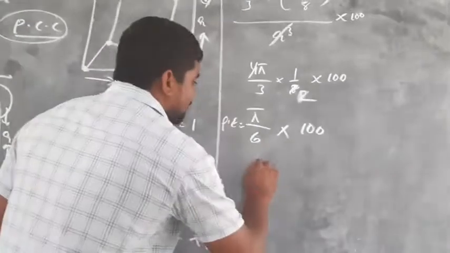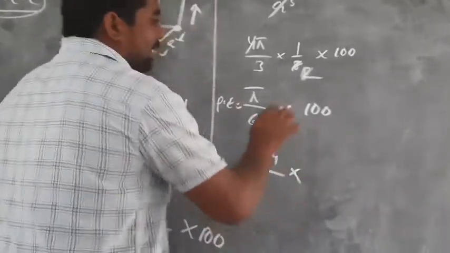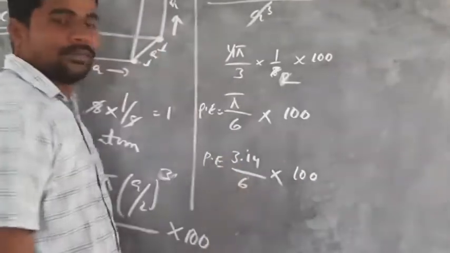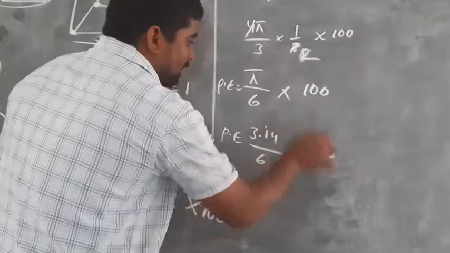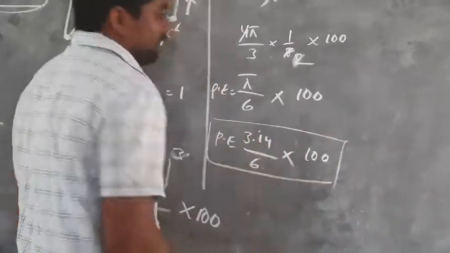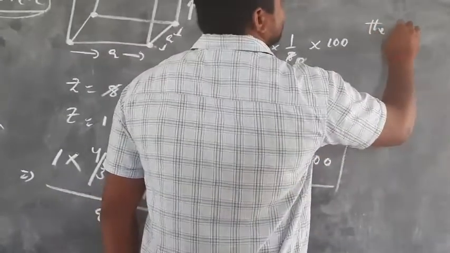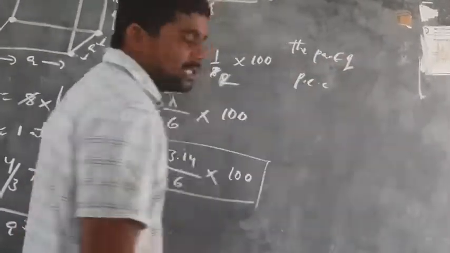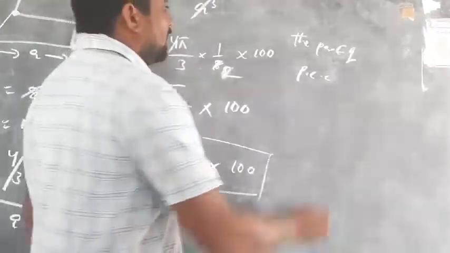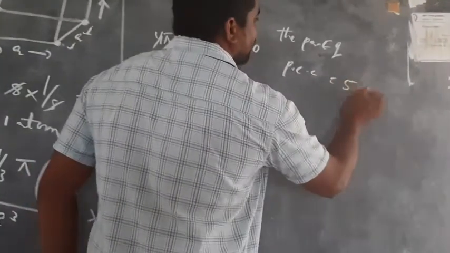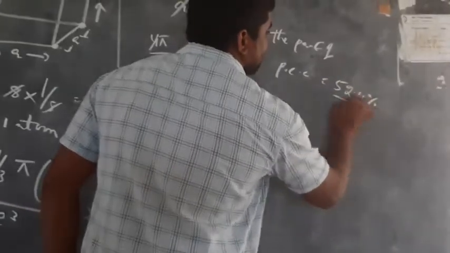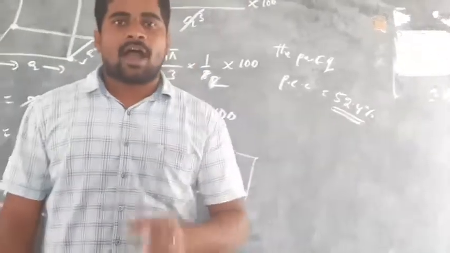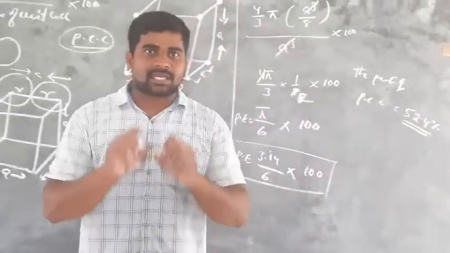Okay students, 3.14 by 6 into 100. Simplified, we get the packing efficiency of PCC, the primitive cubic unit cell, as around 52.4%. That means 52.4% of the primitive unit cell is occupied by atoms.